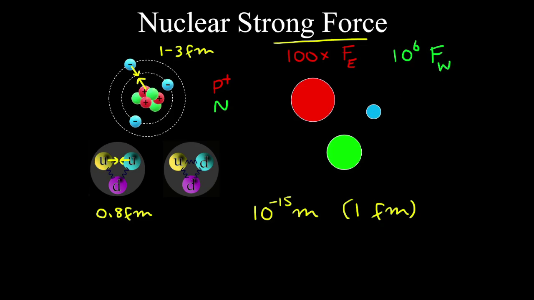The weak force is responsible for some nuclear phenomena, such as radioactive decay, where a larger nucleus, such as radon-222, decays into a smaller nucleus, being polonium-218 in this case.